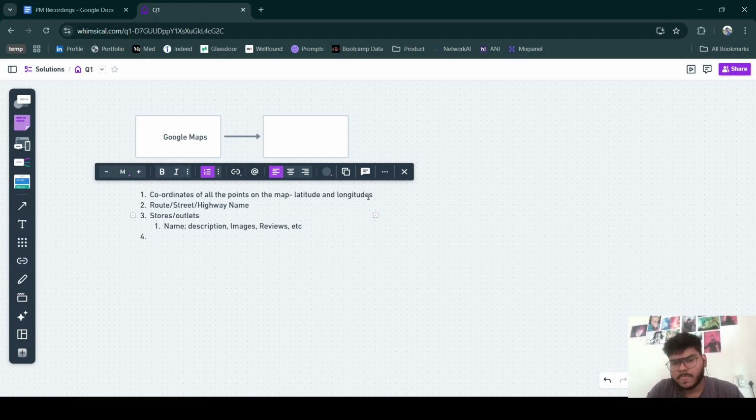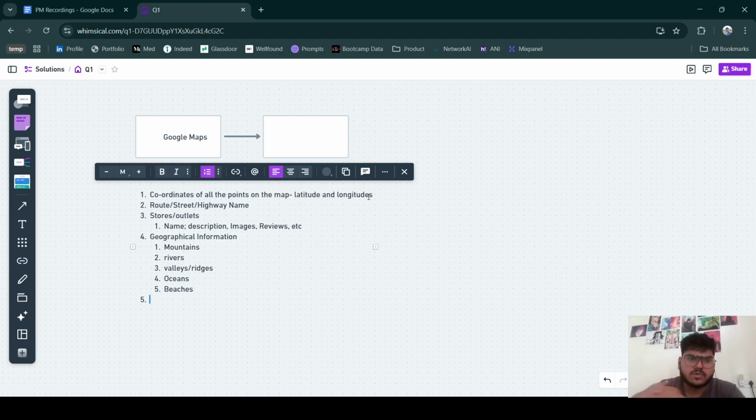The other thing is geographical information. It includes mountains, rivers, plateaus, ridges, oceans, beaches, so it has geographical information of all that.